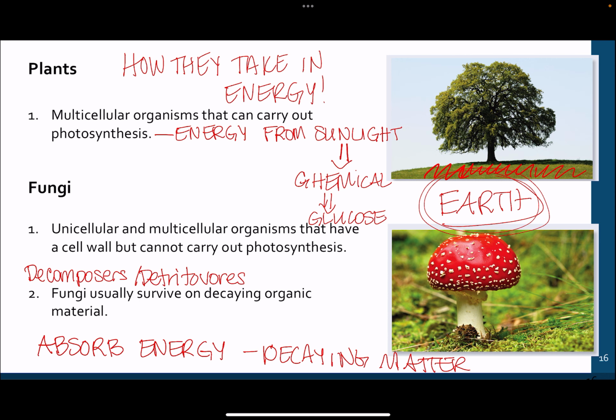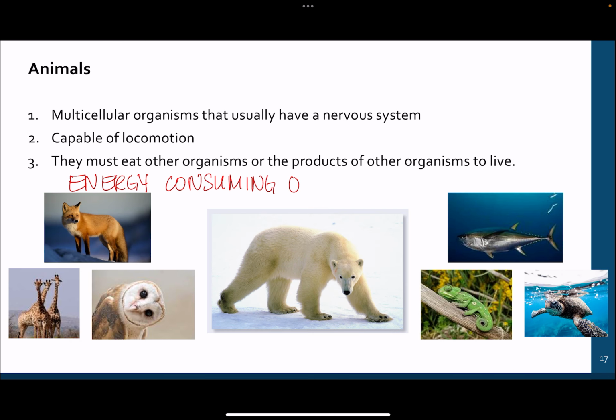But the defining characteristic of an animal is that they get their energy by consuming other organisms. In other words, we eat them.